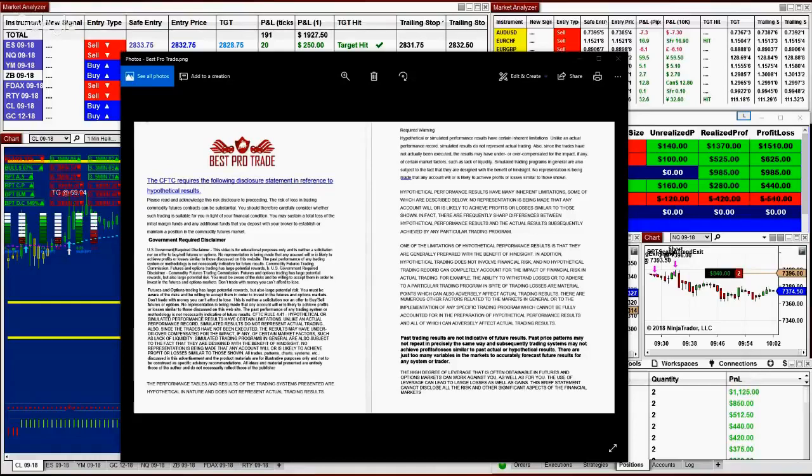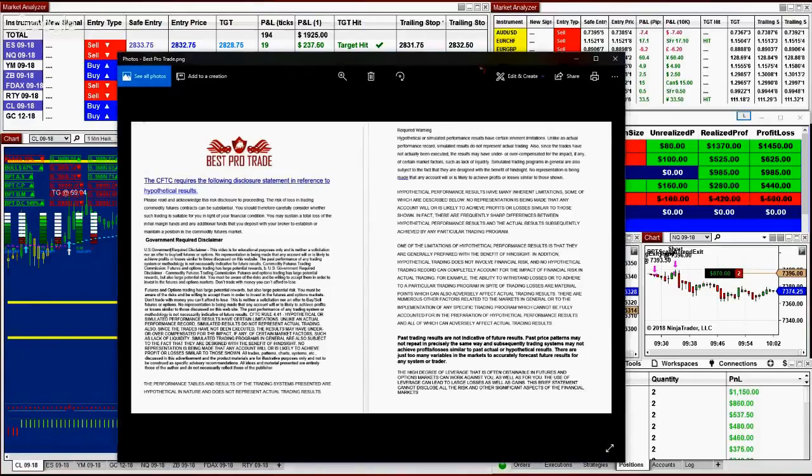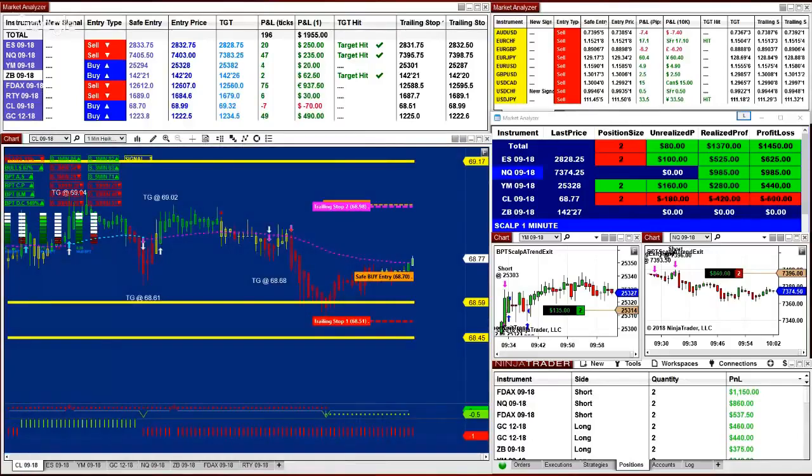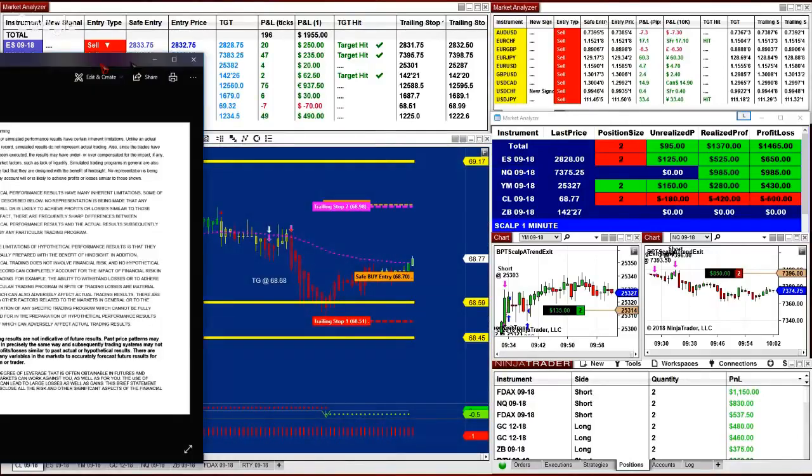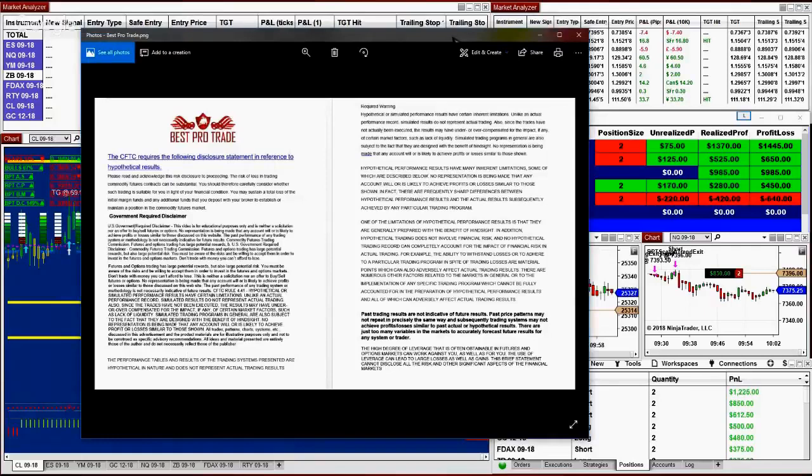Before we start, we have a disclosure. Please be aware of the risk in trading. Some traders are not suitable for trading.